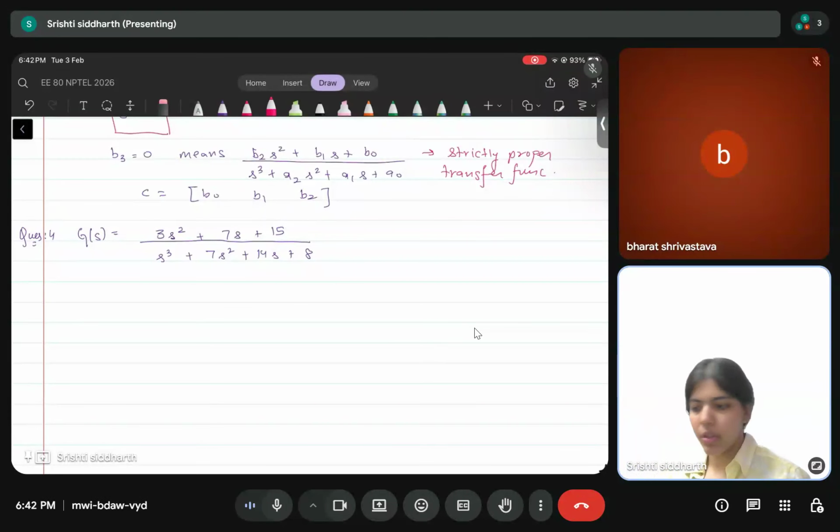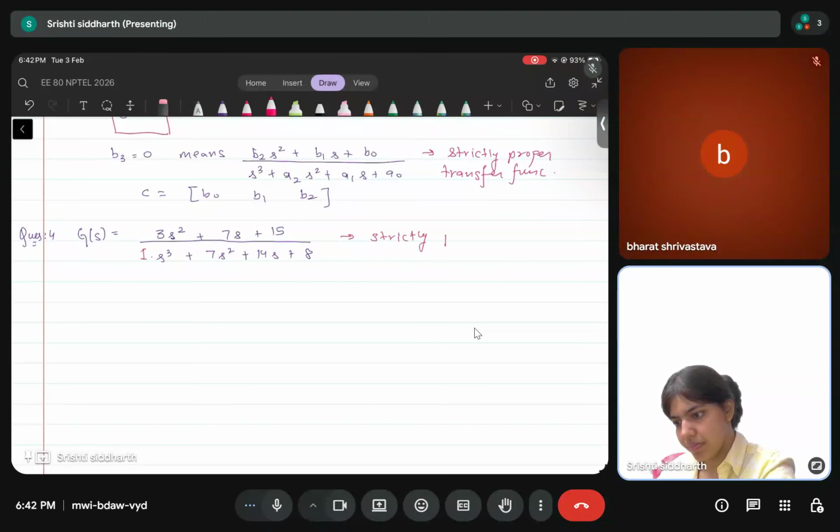Alright, so first observe that we have 1 here, so it's in the standard form. Also, the degree of the numerator is less than that of the denominator, 1 less than that, right? So this is a strictly proper transfer function. This is a third order transfer function.